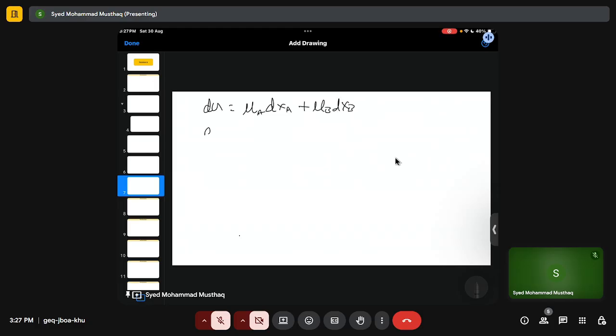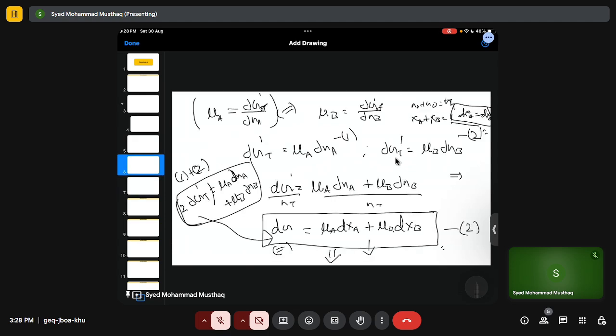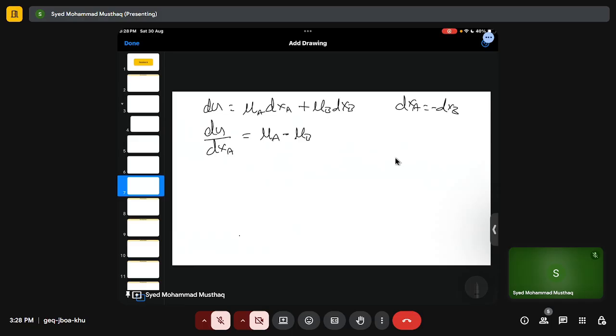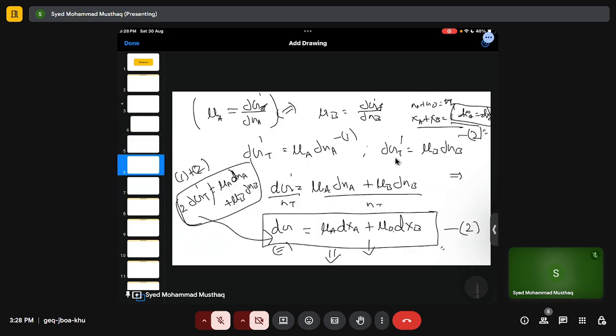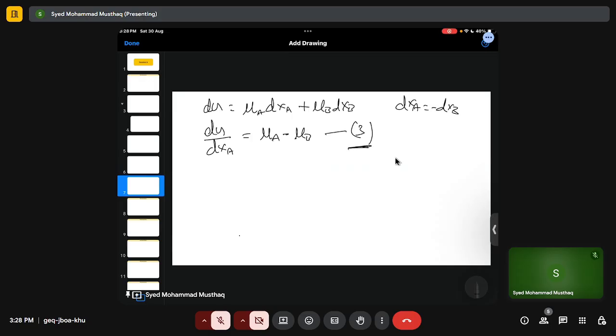Now if I differentiate with respect to XA, then mu A will remain, minus mu B. I will not tell you everything because I have also derived it. So dXA equals minus dXB, just like I said here. Now let's say this is equation 3. If I compare this one with 3, what does it say?